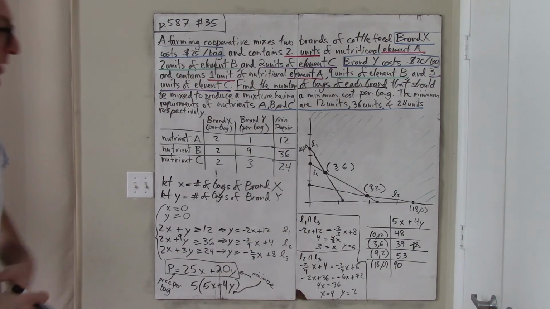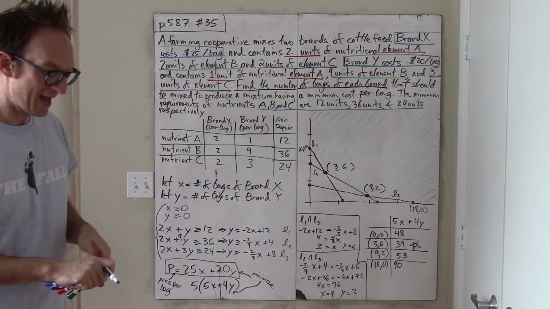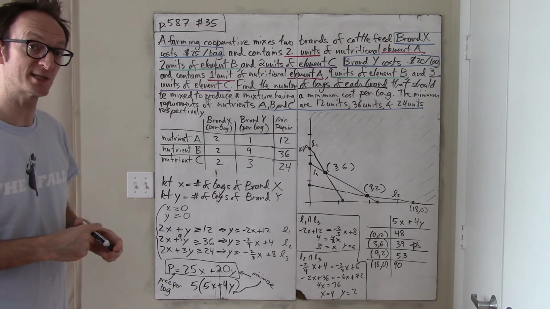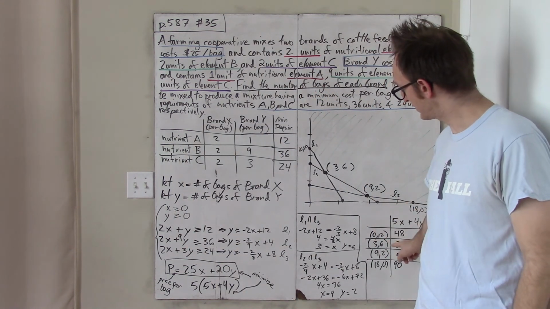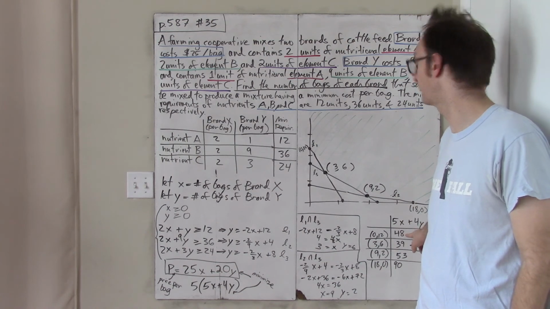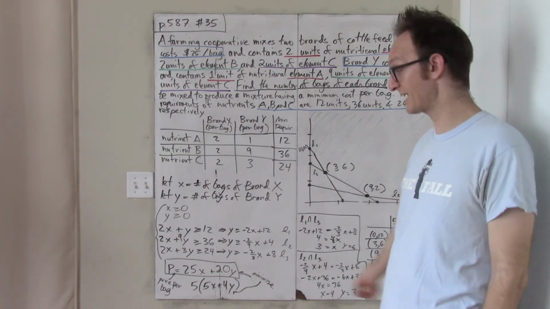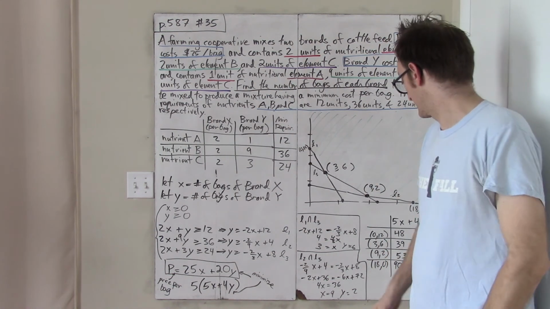Because what we're finally computing in this chart is, well, one way to make these giant homemade bags of cattle feed is to use none of brand X, but 12 of brand Y. Well, if I do that, then I'm going to be spending 48 times $5 to make one of these giant bags.